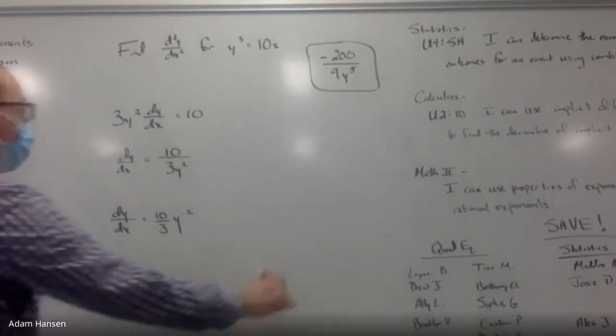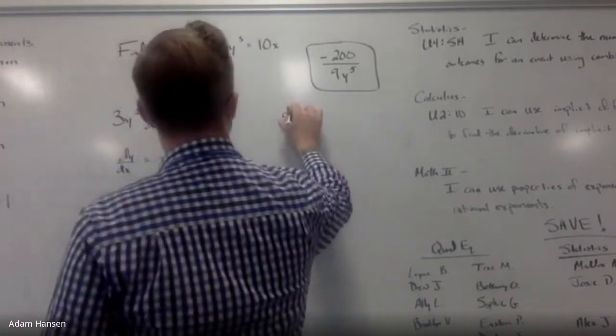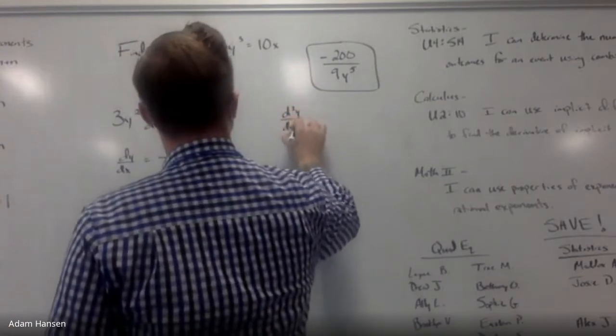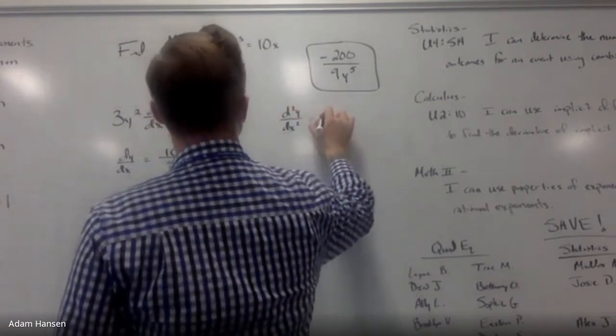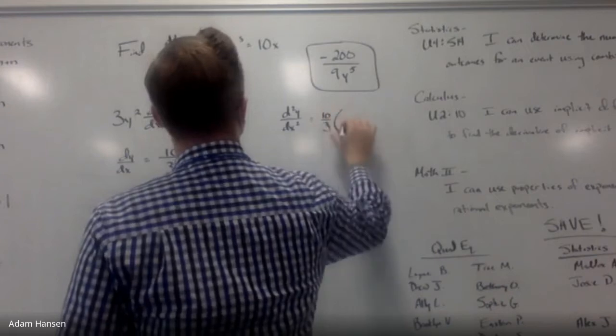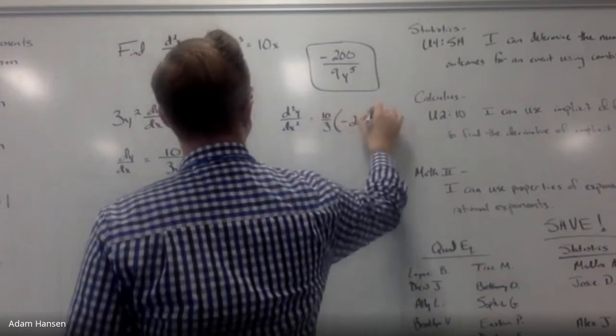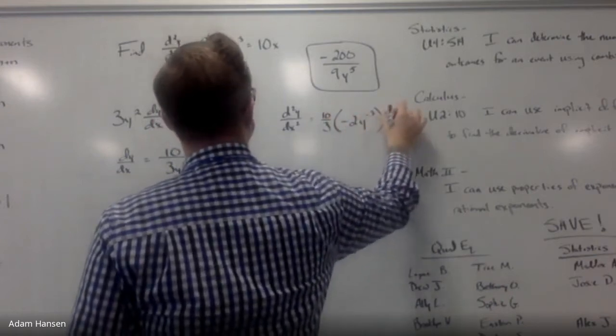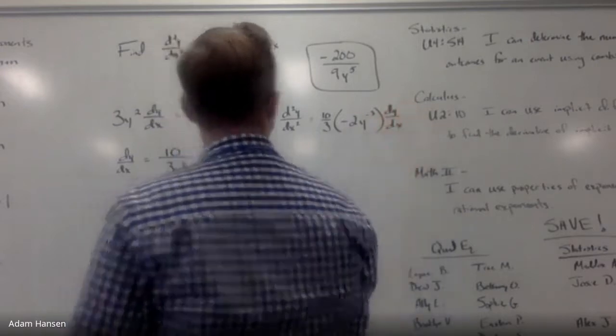So the second derivative would be 10 thirds times negative 2y to the negative third times dy dx.